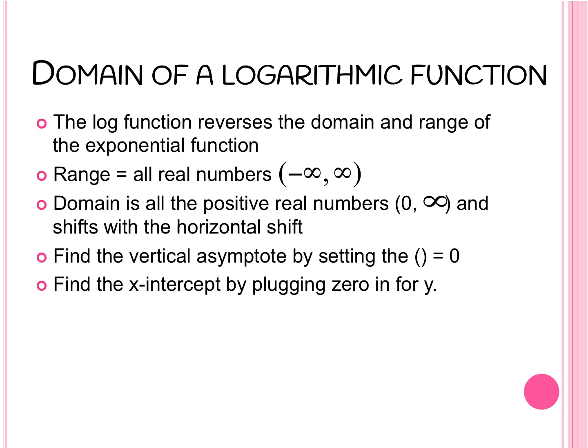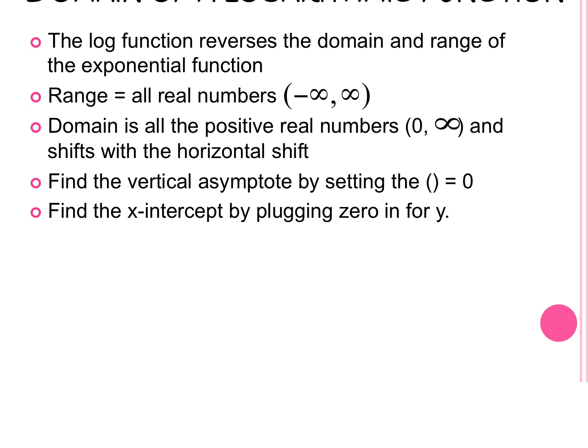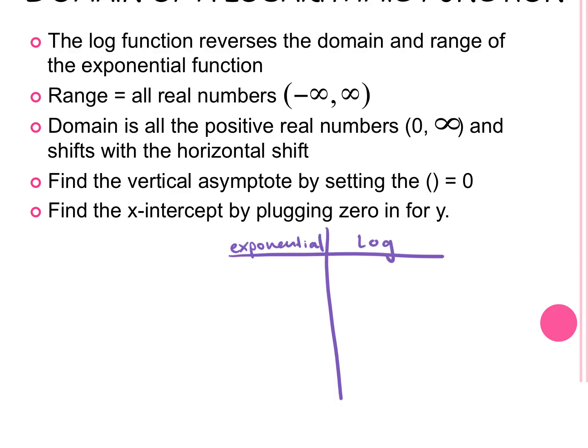So the log function reverses the domain and range of the exponential function. So before, our domain was all real numbers. Now our range is going to be all real numbers. So I'm going to write our basic characteristics for exponential and log. So in exponential, our domain was from -infinity to +infinity, all real numbers.